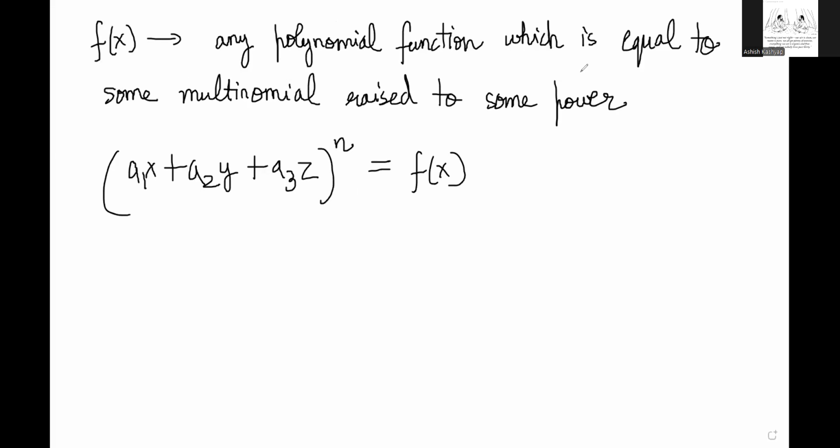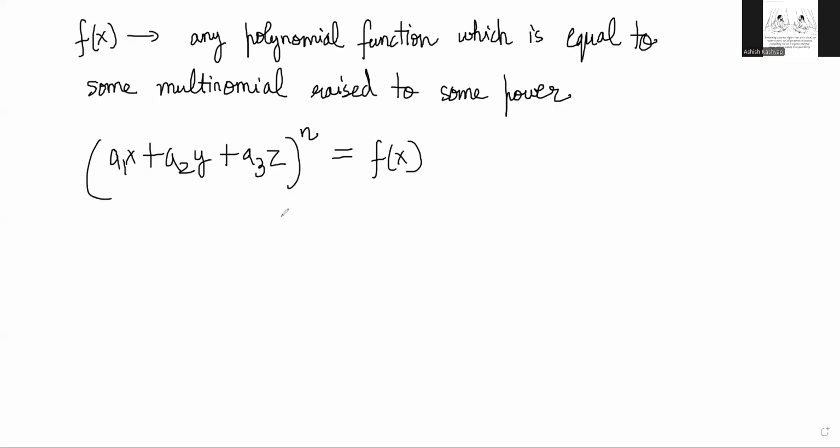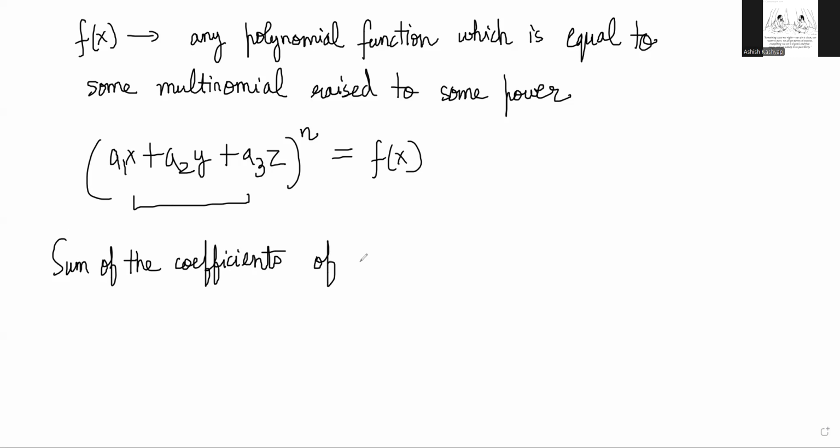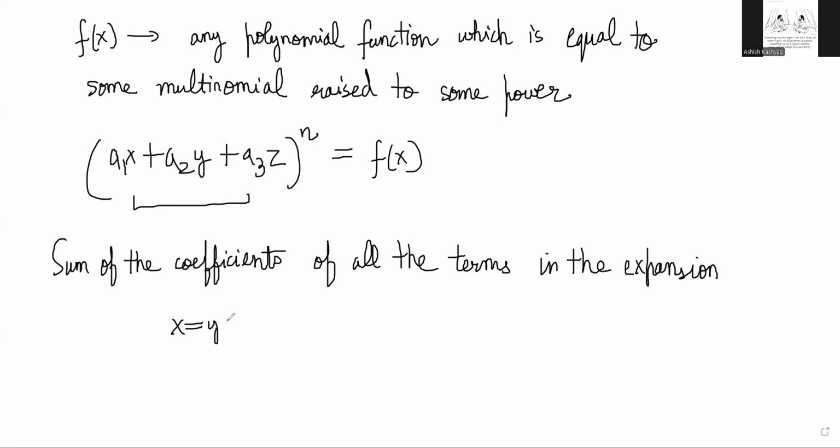Now, in that case, if you wanted to find the sum of the coefficients of all the terms in the expansion, all you have to do is put all the variables as 1.